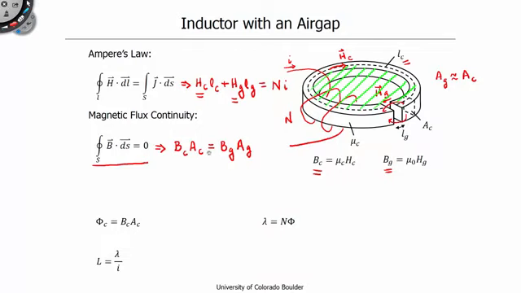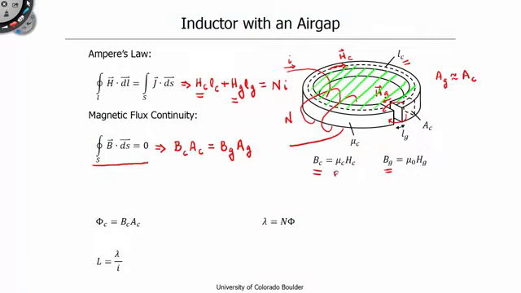Now that we have this relationship between BC and BG, we can also utilize the relationship between BC and HC as well as BG and HG to get a relationship between HC and HG. So let's just do that.